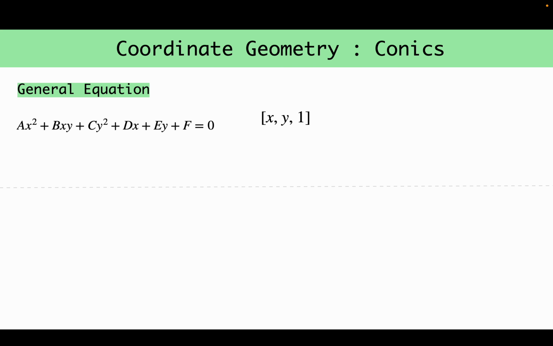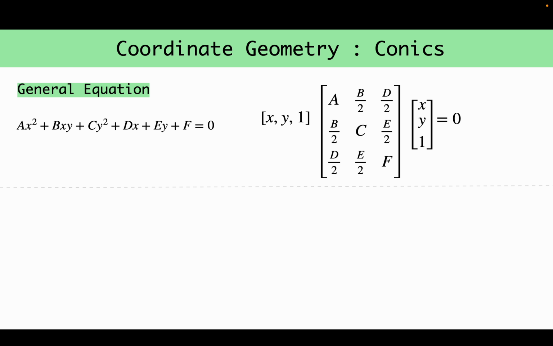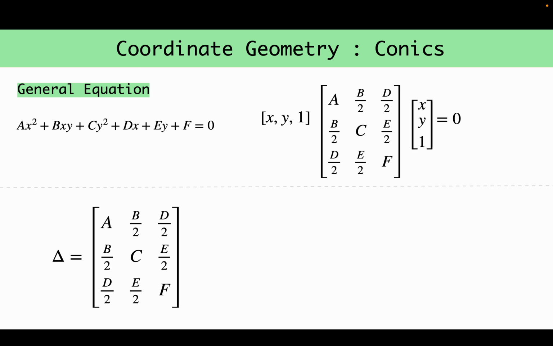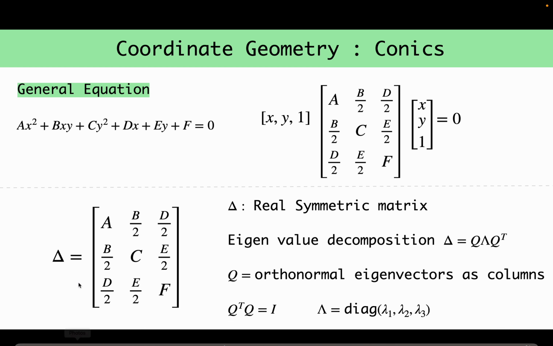So let's see the same idea here. So this is our general equation and its matrix representation. This is the delta, and the important thing is this delta matrix has certain very good properties. First of all, it is a symmetric matrix, and we know for every real symmetric matrix, we can have orthogonal eigenvectors, in fact orthonormal eigenvectors, and we can construct the eigenvector matrix with orthonormal eigenvectors as columns, and we can do an eigenvalue decomposition as q lambda q transpose, where q is an orthogonal matrix with orthonormal column vectors.